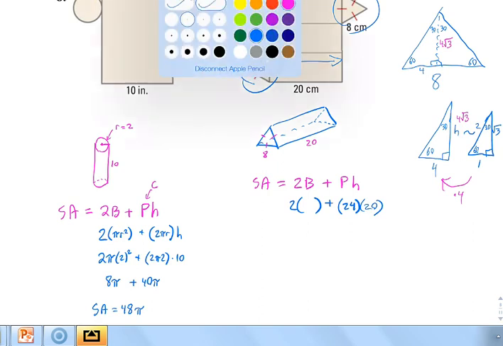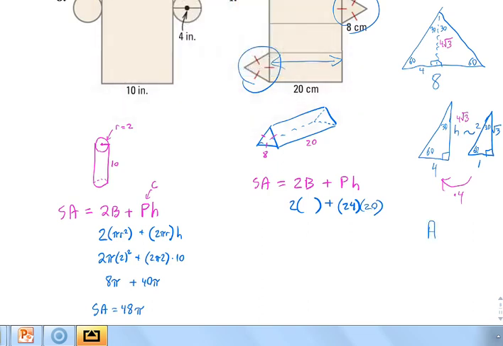So the area of my base is 1/2 base times height, or 1/2 times 8 times 4 root 3. So this would be 32 root 3, and half of 32 would be 16 root 3. So I'm just going to go back over here and go 16 root 3.